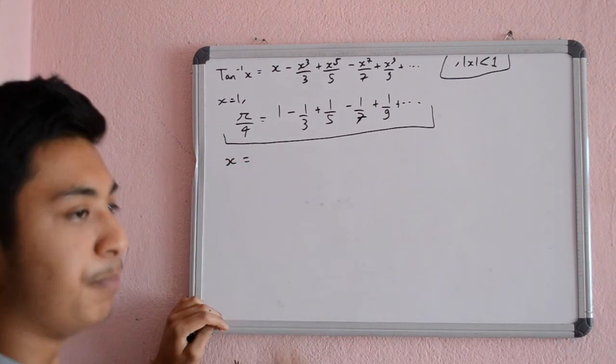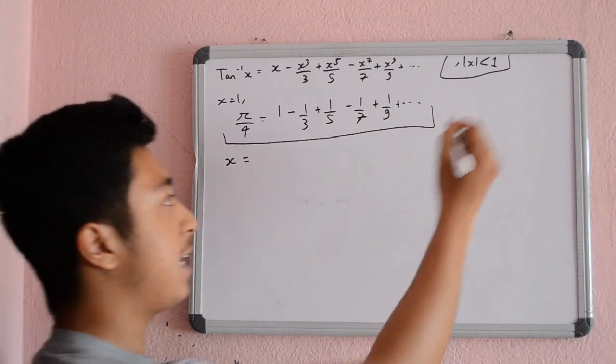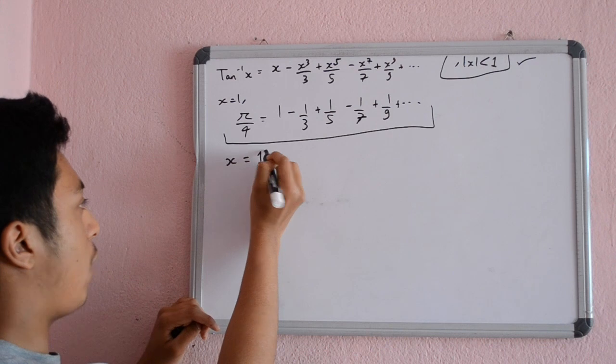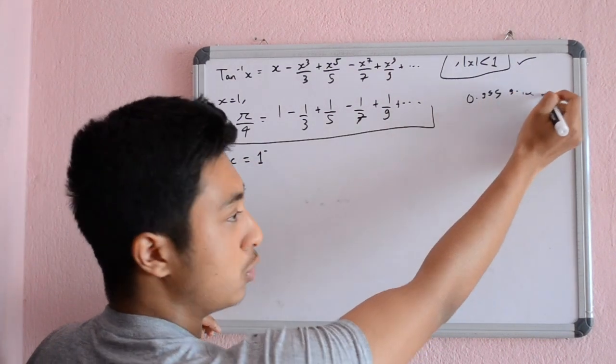So instead of x being 1, let's just make it slightly lesser than 1 such that it follows this condition. Let's say x approaches 1 minus, that means 0.999999 and so on.